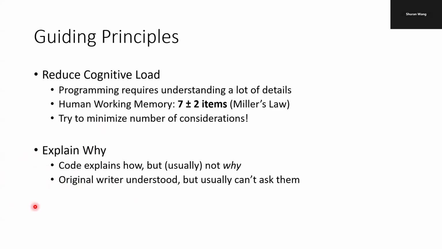So explain why. Usually I would read a chunk of code and I think if I write this in another way, maybe it's simpler, but why did it not get written in the other way in the first place? So I have to ask the first author if it's not already written in the comments.